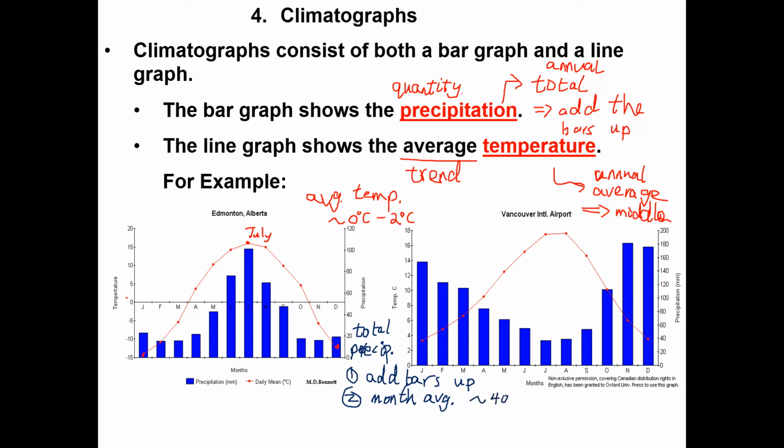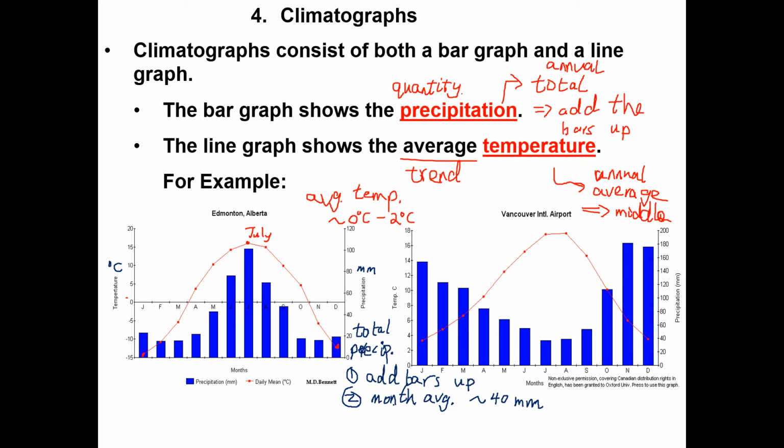The unit is actually millimeters, not centimeters. You probably see it on the side here. This is degrees Celsius. This is millimeters. If every month the average is 40, that's what the average is, because it gives a raw amount, not a trend.